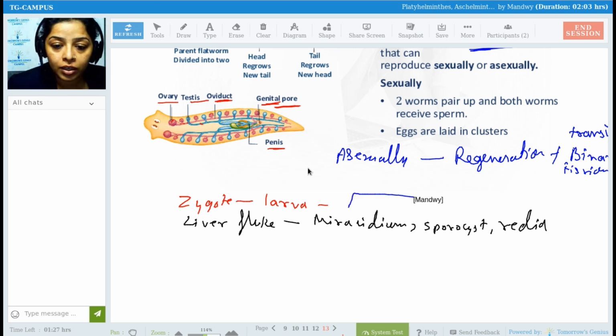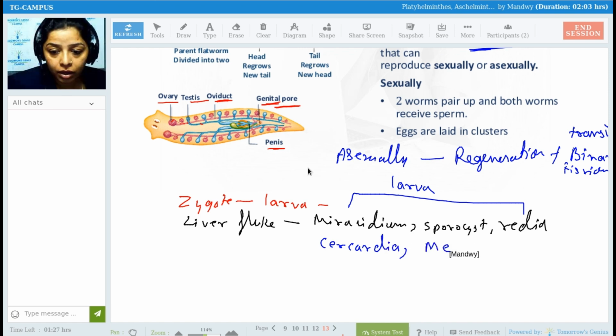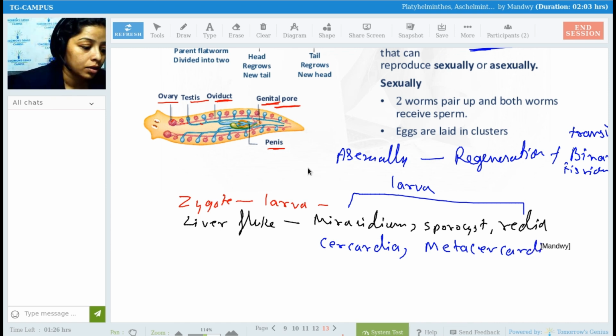Don't forget, these are the larval stages. Then Cercaria and Metacercaria. Sorry, Cercaria, not Caria.